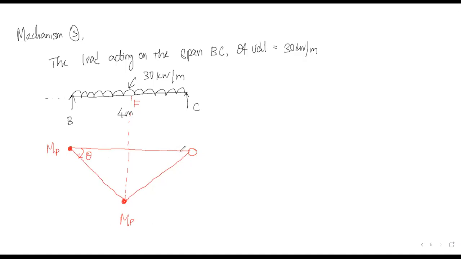The UDL means both sides are the same, theta. So this is also theta and this is also theta. And the height here is 2 theta since it is half of the span. So here it is 2 meter and here it is 2 meter. So it becomes 2 theta. Now the load is acting entirely, 30 kilonewton per meter. So these three are the mechanisms now.